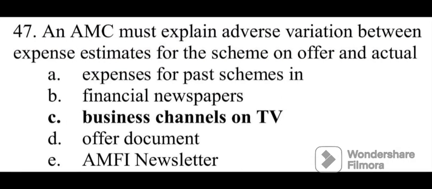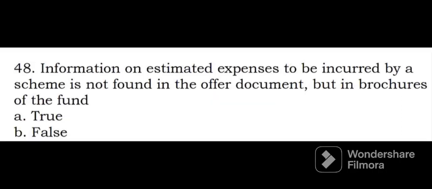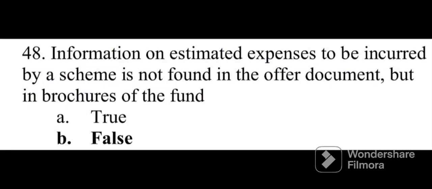We have already done this. Question 48. Information on estimated expenses to be incurred by a scheme is not found in offer document but in brochure of the fund. True or false? Obviously, it's a false statement because estimated expense they have to give in offer document.